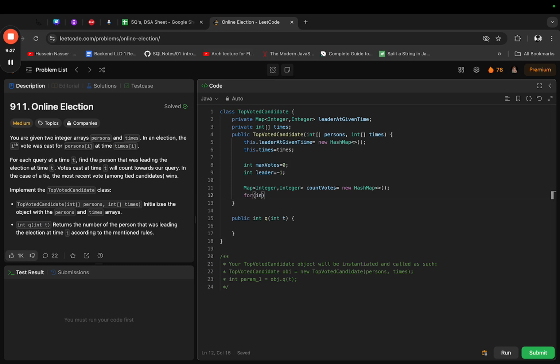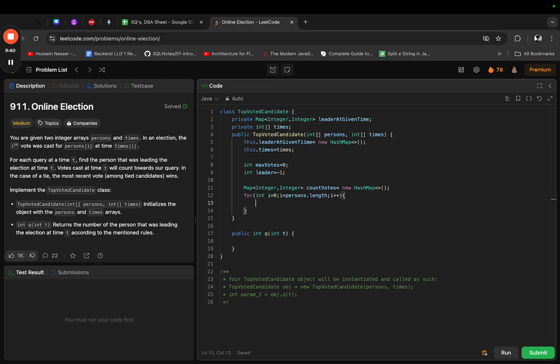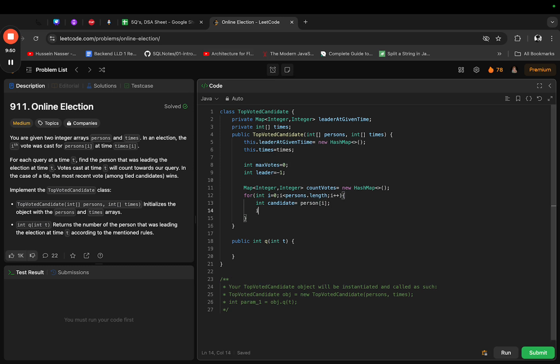So I'm iterating over the persons array. So firstly what will I do? I'll take the candidate, nothing but the person of i, and int time equal to time of i, right?